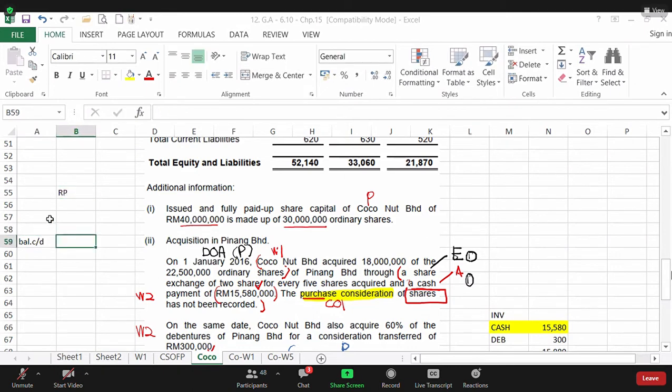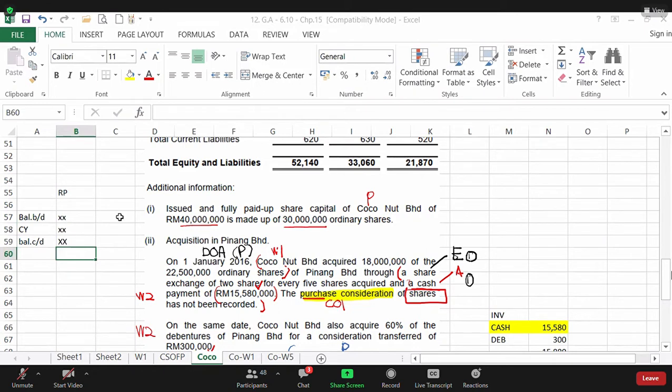Balance CD means that balance BD plus with the current year, right? Then you will get CD, correct.